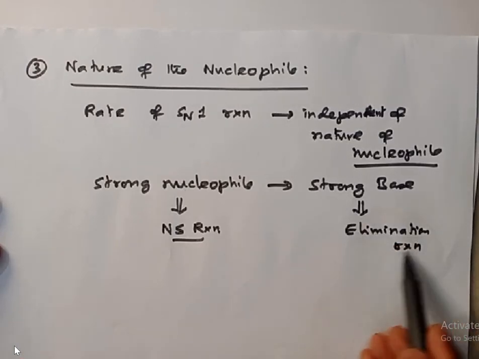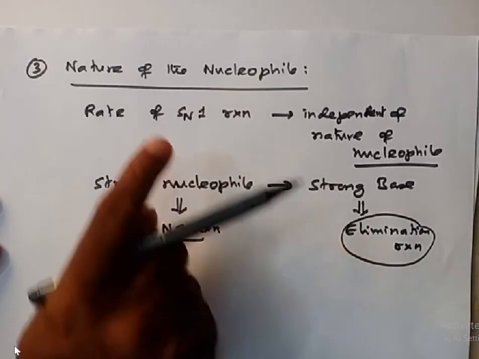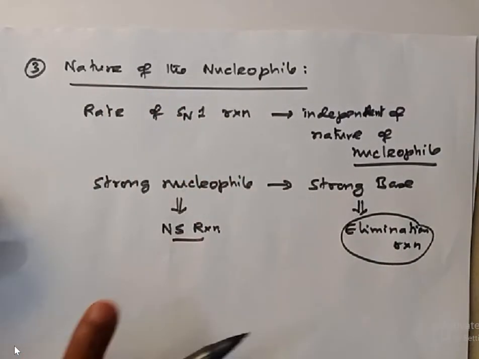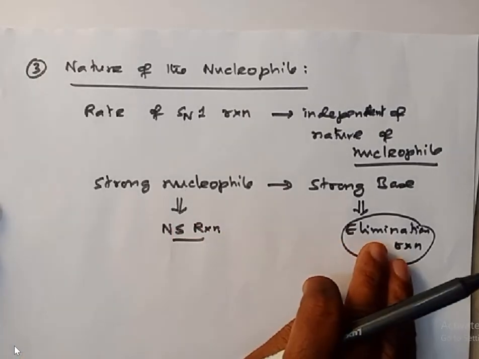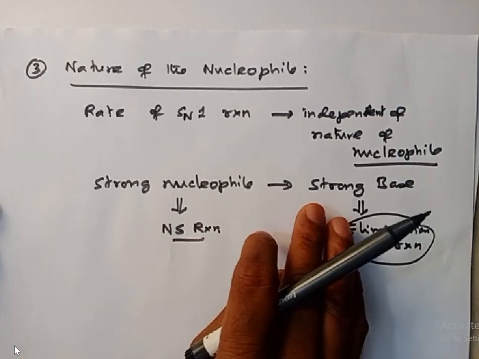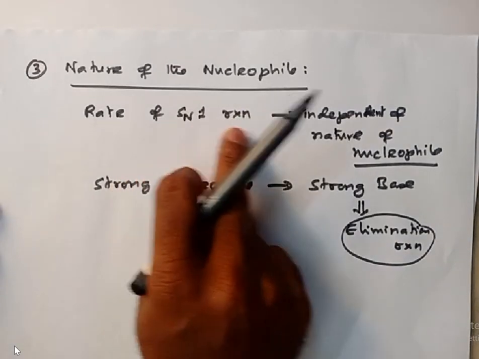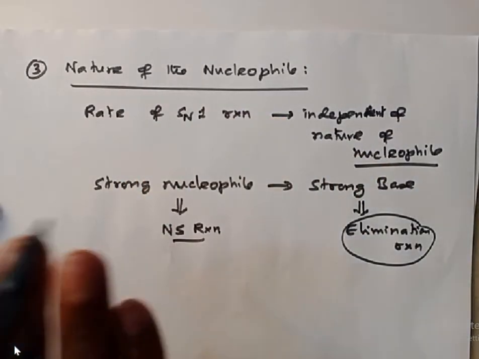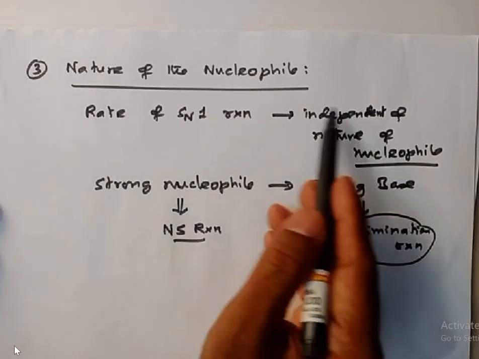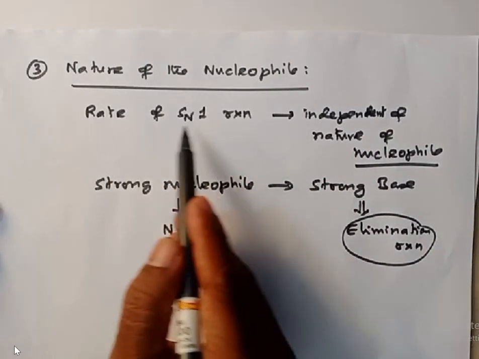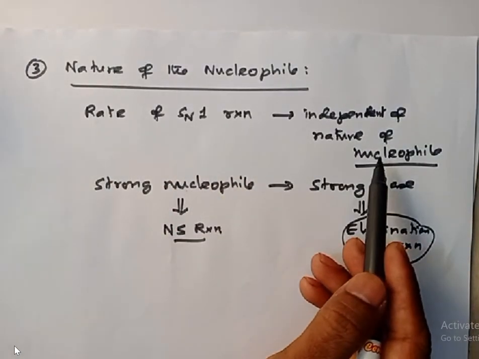If you want to avoid elimination, because our focus is on nucleophilic substitution, then the preferred nucleophile for SN1 is the weak nucleophile. Why? For an SN1 reaction, the rate is independent of the nucleophile, so you can take a weak or strong nucleophile.